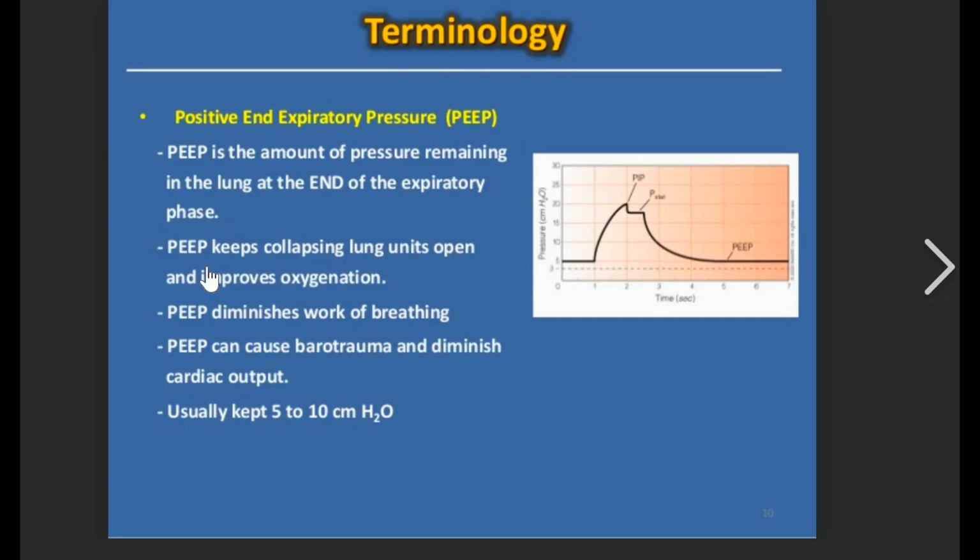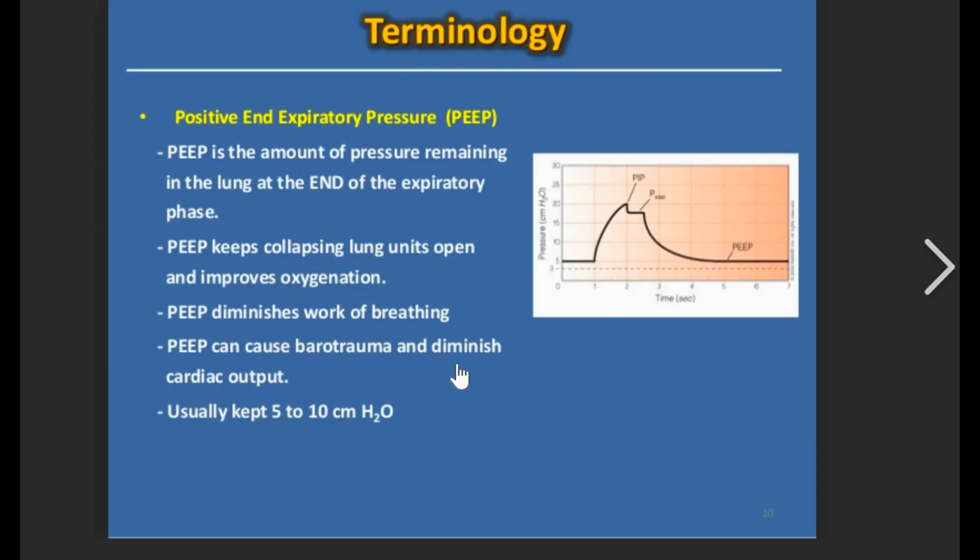So to keep the alveoli open, high PEEP is provided. Usually it's kept at 5 to 10, but a patient with ARDS may require PEEP greater than 10 or greater than 12. But the side effects include that you are providing high pressure to the alveoli. As a result, trauma, barotrauma to the alveoli.